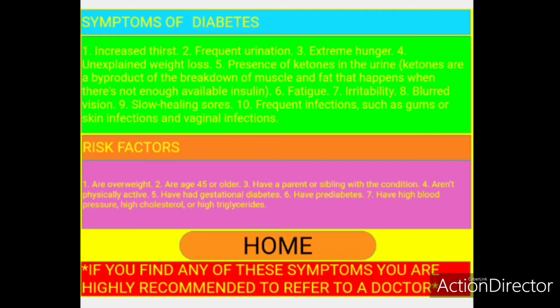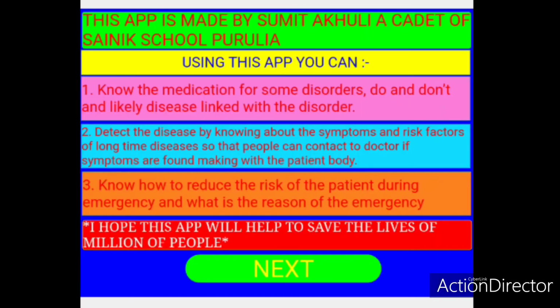So from here they can get to know if they are suffering from diabetes or not, and if most of the symptoms and risk factors are found in you, you are recommended to refer to a doctor.